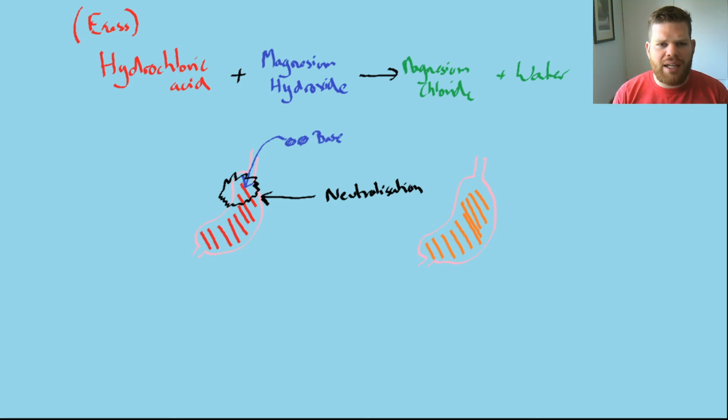Now, over time, what that will then mean is that this substance can pass out, and the cells that produce the hydrochloric acid will continue to produce some hydrochloric acid into the stomach, because that's what their job is.